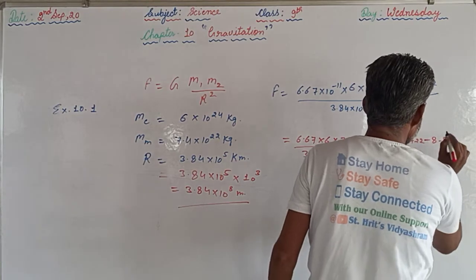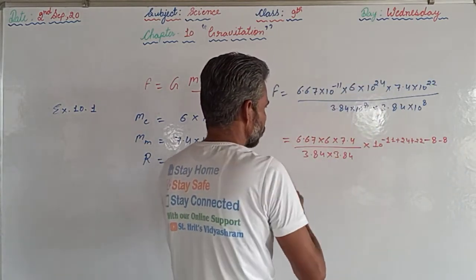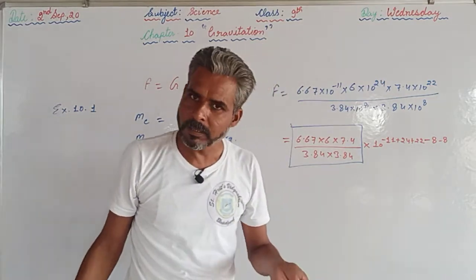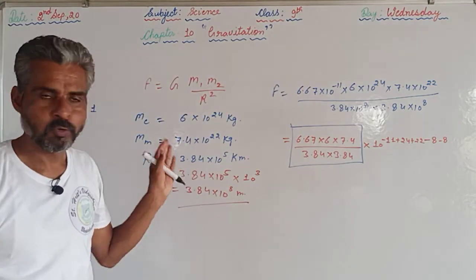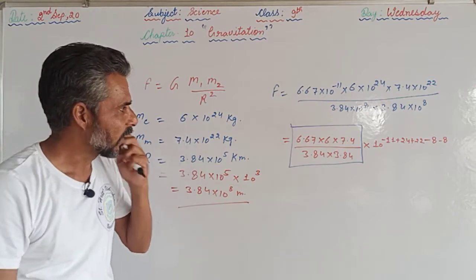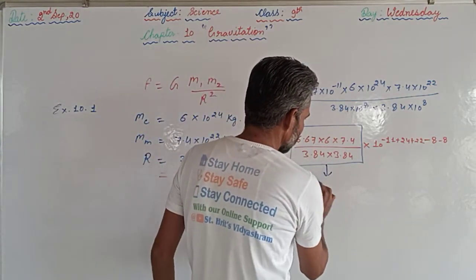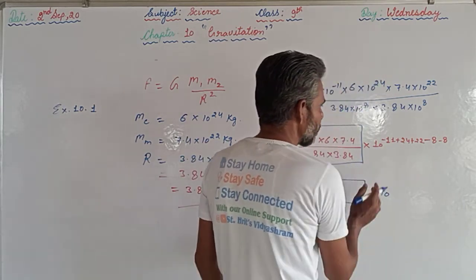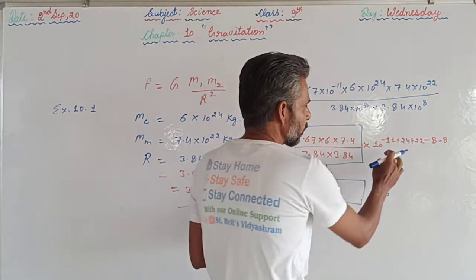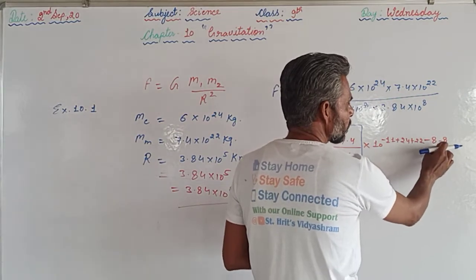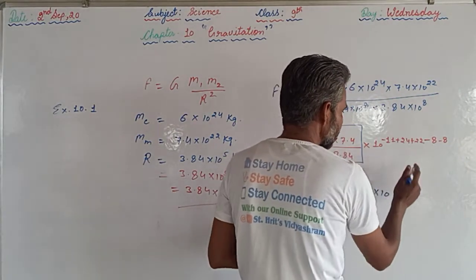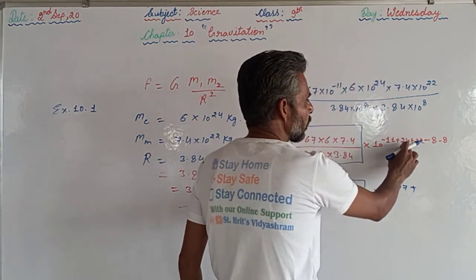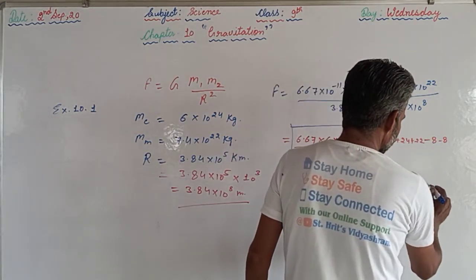Here we are supposed to solve this part using our mathematics, meaning how to cut, how to multiply or how to divide, and this part we have to solve ourselves. And here that will be 10 raised to power, we have to add the like terms: minus 11 minus 8 minus 8 is minus 27, and plus 24 plus 22, that is 46.